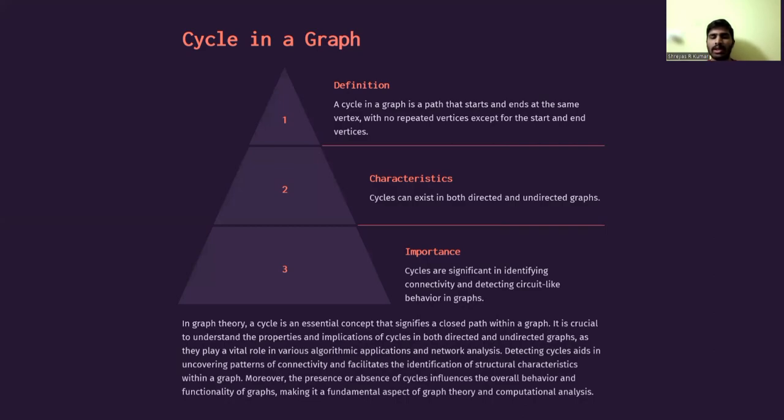Detecting cycles aids in uncovering patterns of connectivity and facilitates the identification of structural characteristics within a graph. Moreover, the presence or absence of cycles influences the overall behavior and functionality of graphs, making it a fundamental aspect of graph theory and computational analysis.